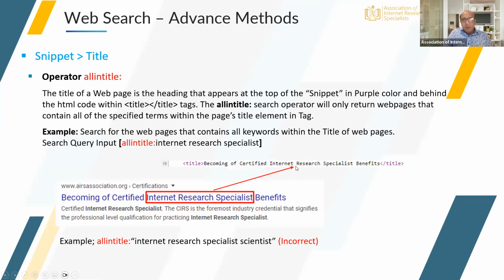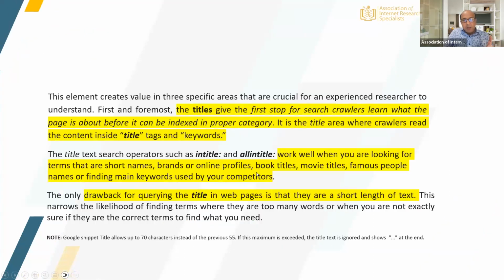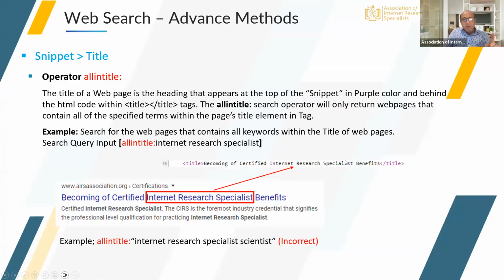Meaning that when we use the word all in title, the word internet, the word research, and specialist can all be found, but the word research and specialist, okay, let me rephrase it.